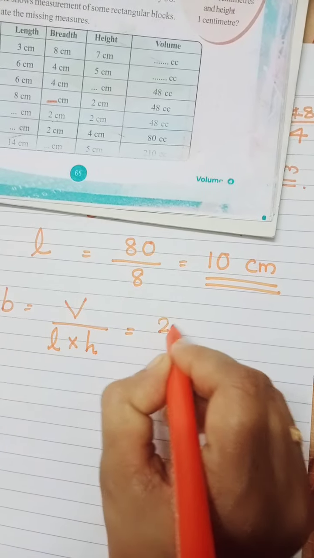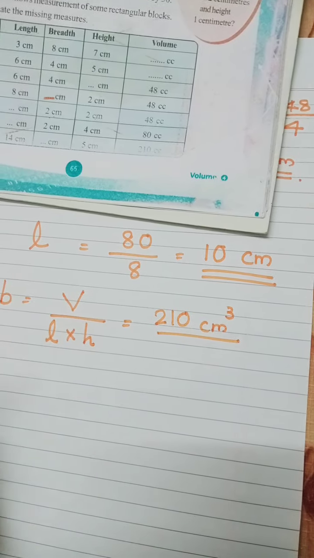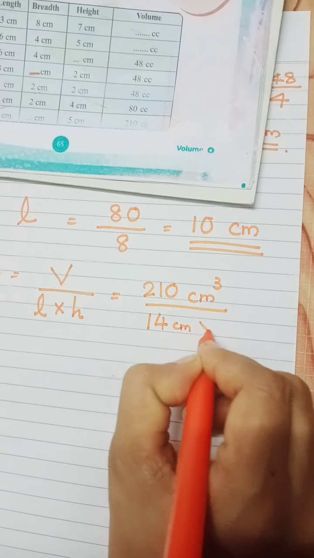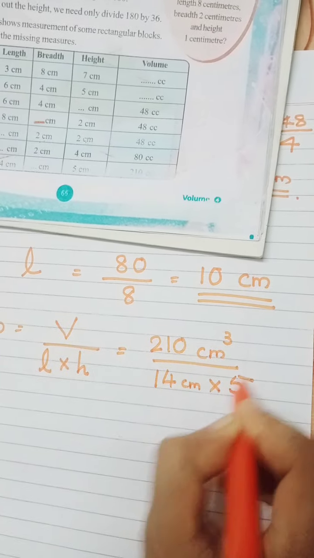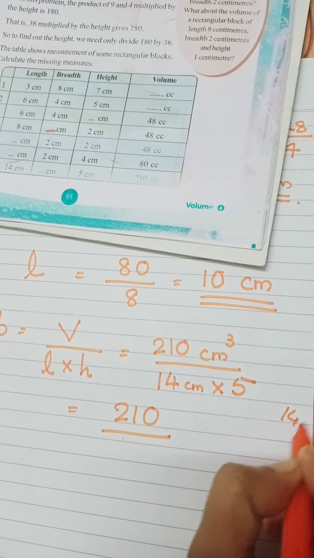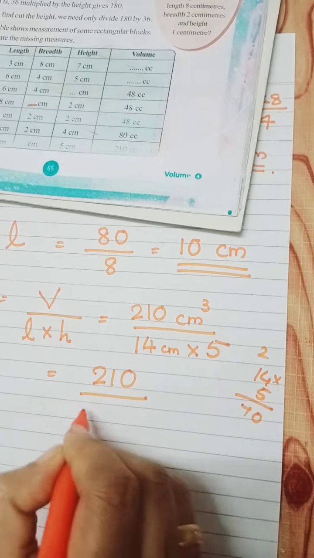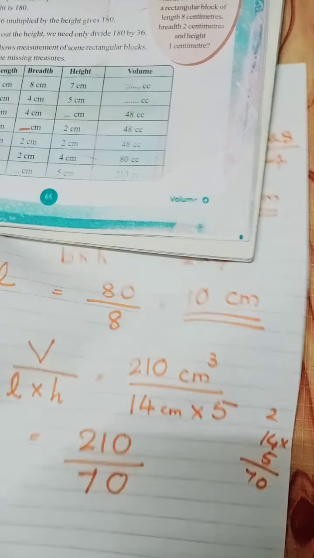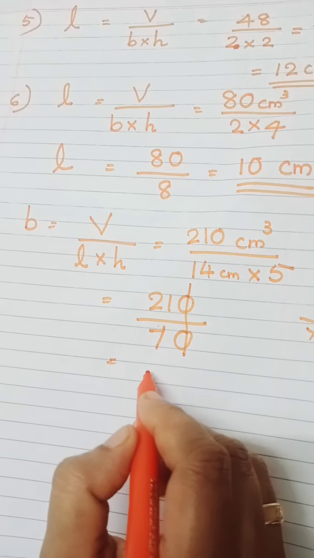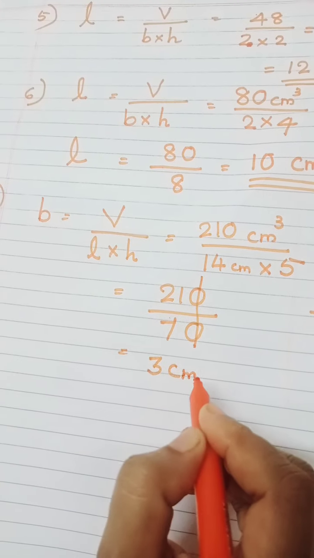Volume is 210 cubic centimeter divided by length is equal to 14 centimeter and height is equal to 5 centimeter. 14 into 5 is 70. So breadth is equal to 210 by 70, the 0s get cancelled, 21 by 7. The answer is 3 centimeter.